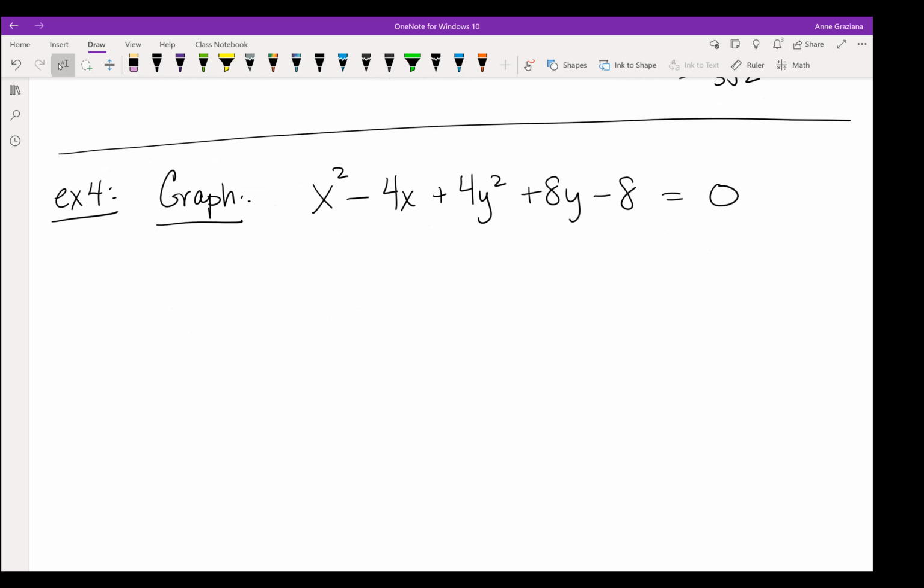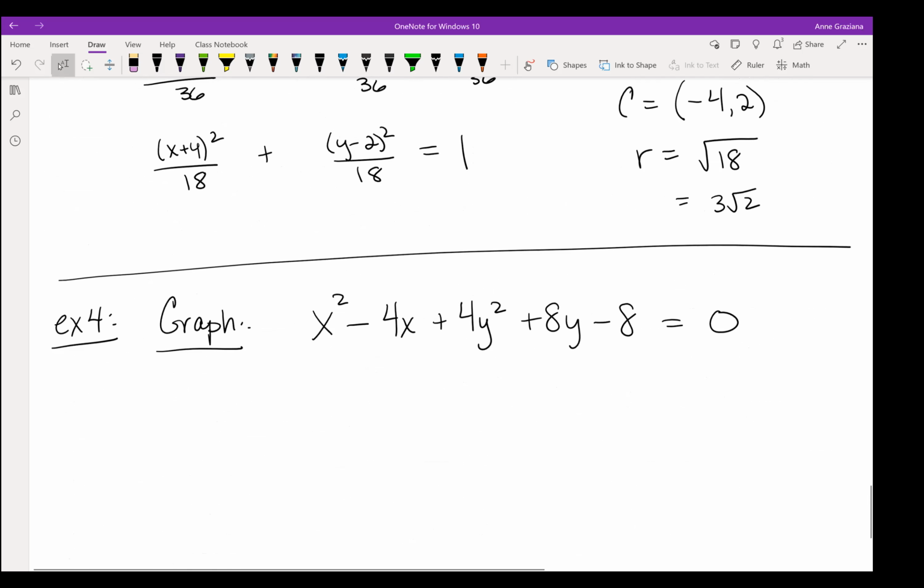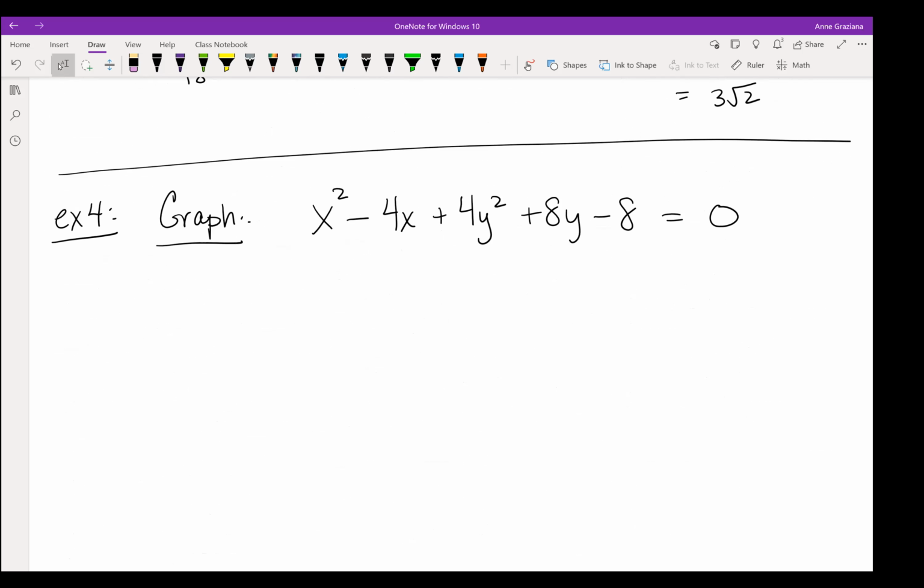Is this a circle or an ellipse? Nobody knows, okay? We don't know because it's not in the right format. It's not even close to being in the format I just gave it to you in. So we have to do a lot more work than just a simple division to see if this is an ellipse or a circle and how to graph it. Okay, so here's the thing.